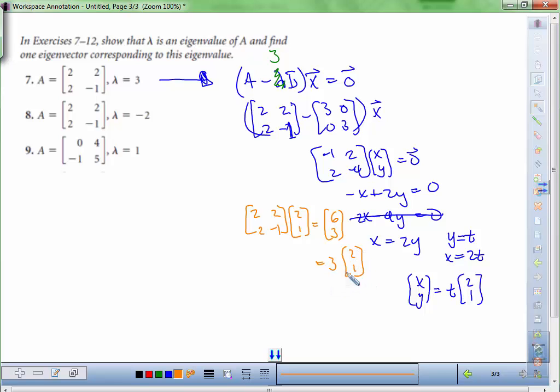So it looks like it worked for us, and we found the actual eigenvector. Sometimes we'll have to do an appropriate scaling to make sure that we get the right value. Okay?